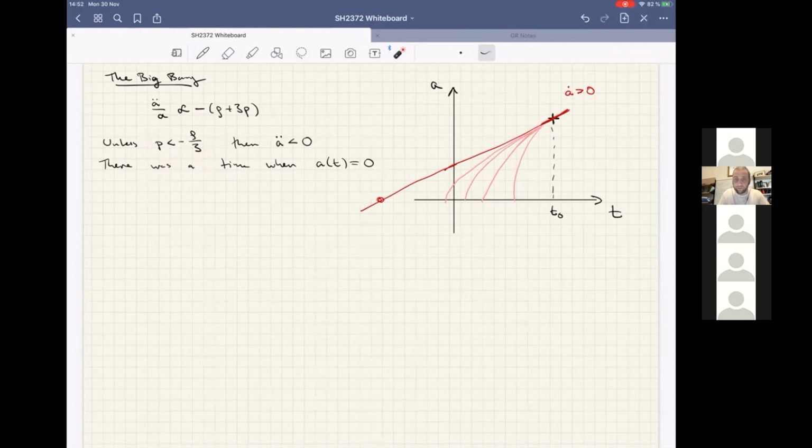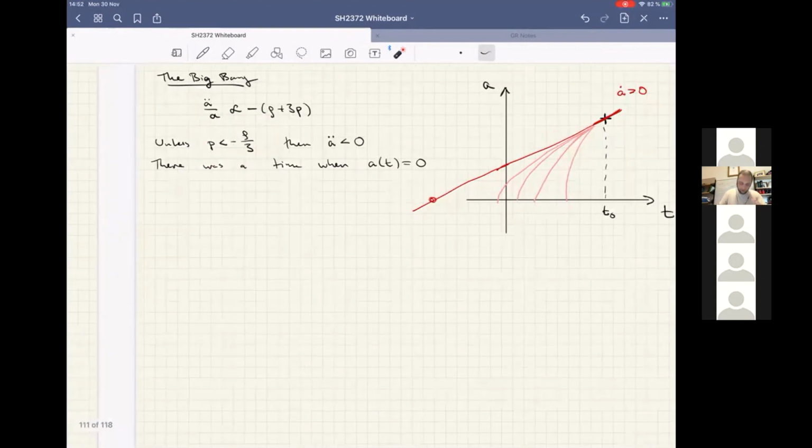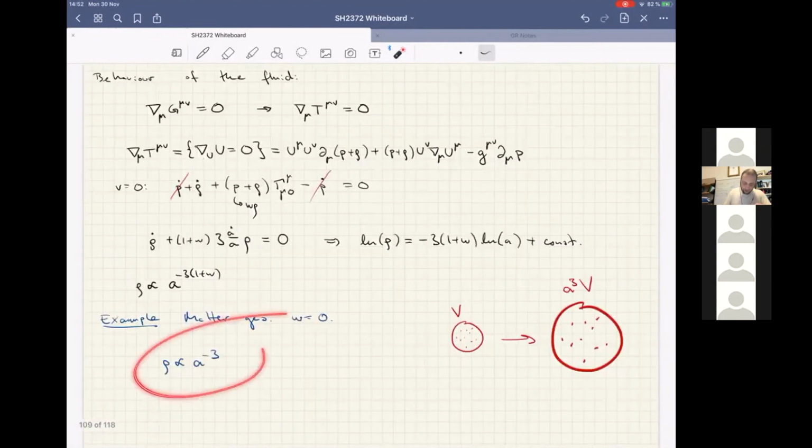It could happen. Or if you go far enough back in time, if you look at this relationship between the energy density and the scale factor, as A goes to 0, well, this all of a sudden grows very fast.